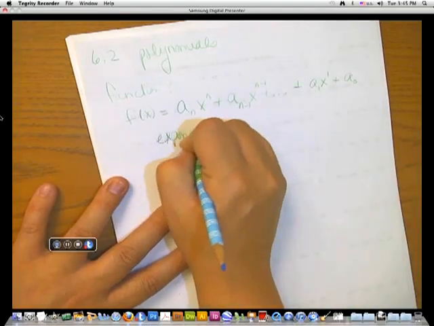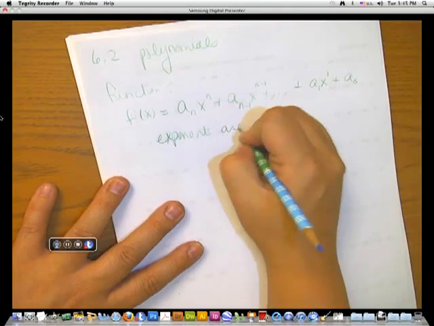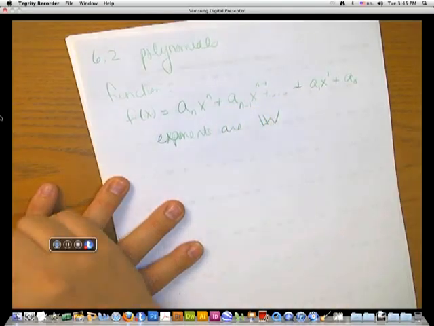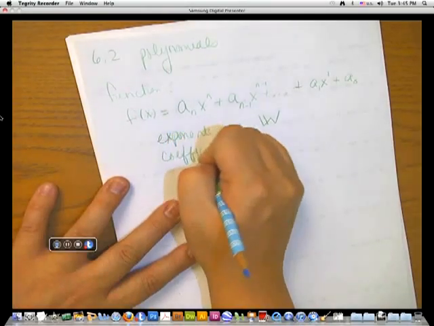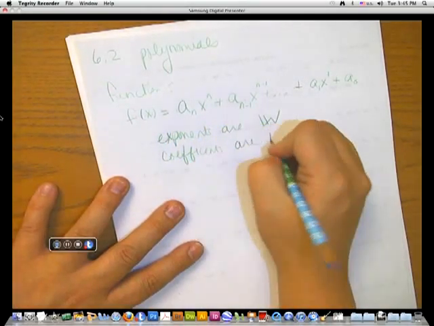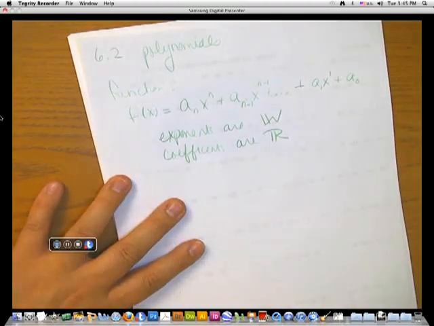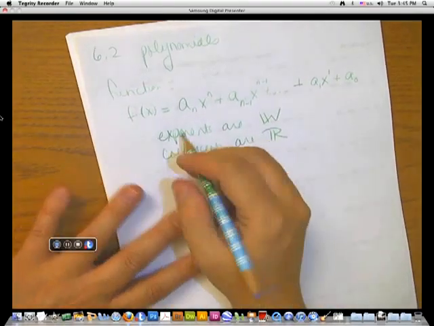In this case, exponents are whole numbers. The coefficients are real numbers.